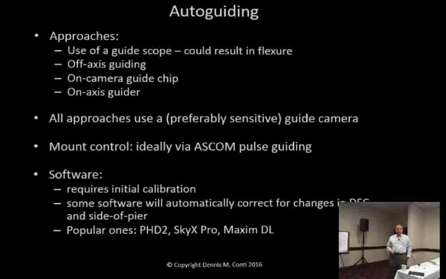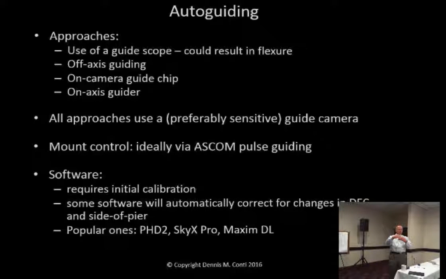Yes? No, the question is, are auto-guiding and tip-tilting redundant? No, they work together in this sense. The guiding software, PHD2, is driving the tip-tilt active optics. So I need that PHD2 auto-guiding software to do that.